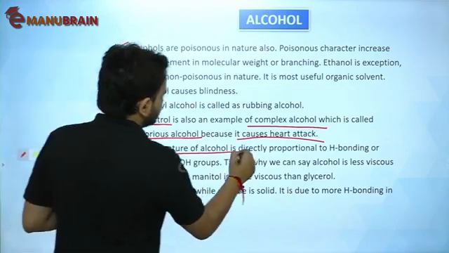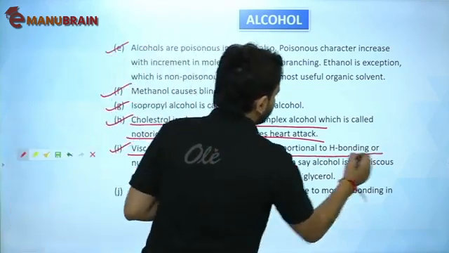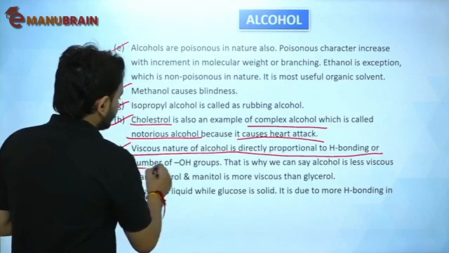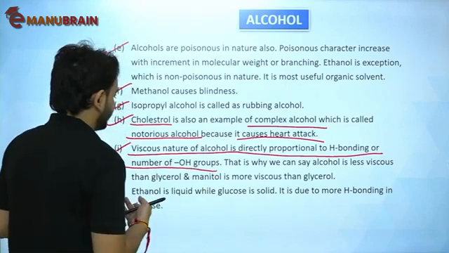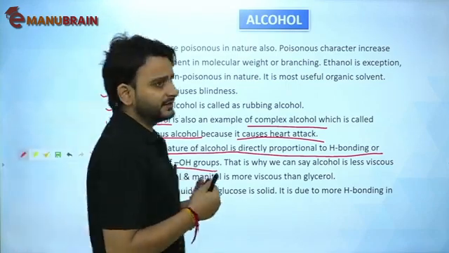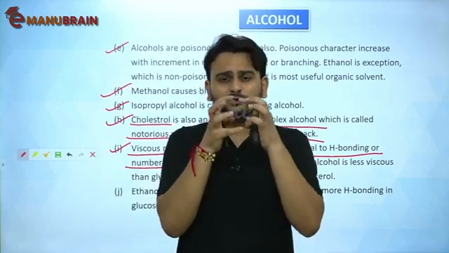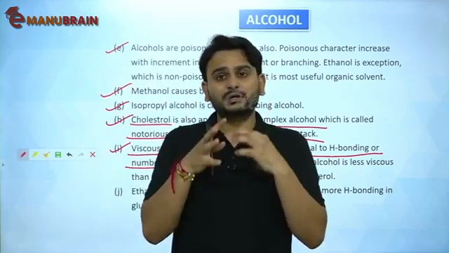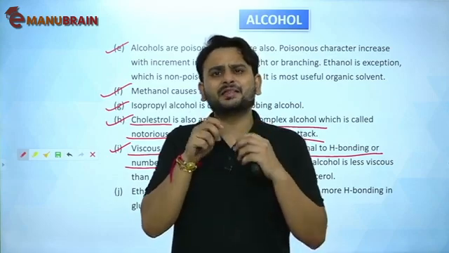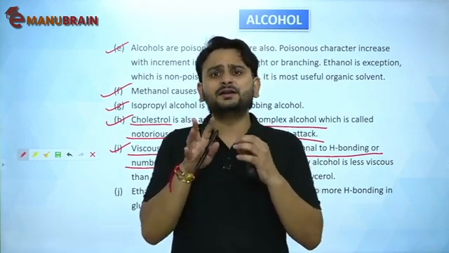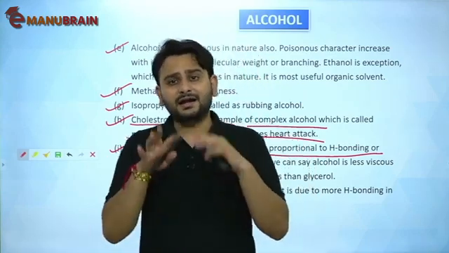The viscous nature of alcohol is directly proportional to the hydrogen bonding or the number of OH groups present, right? I mean the viscosity, how consistent something is, if you touch it, if you feel it, how viscous will it feel? That defines viscosity.